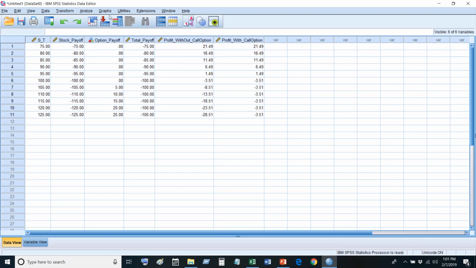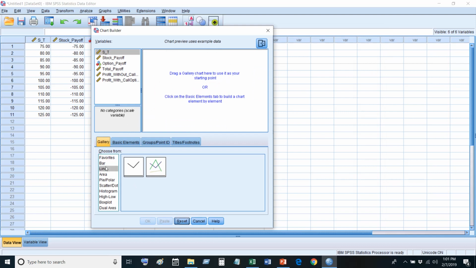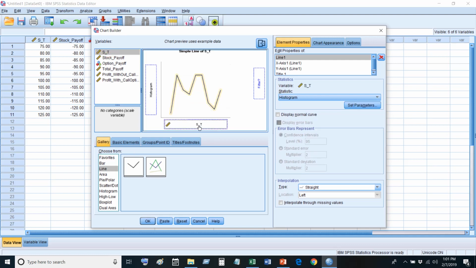So to use these values, we use the chart builder in SPSS. From here we select the line and simple line. So ST, the stock price, will be on the x-axis, and we will consider each of the individual values on the y-axis.